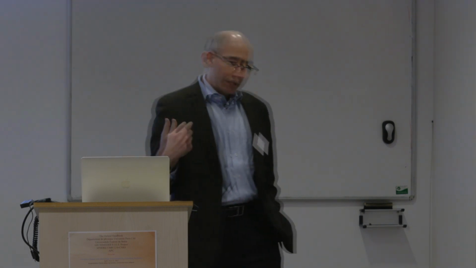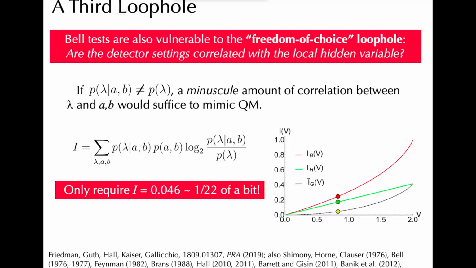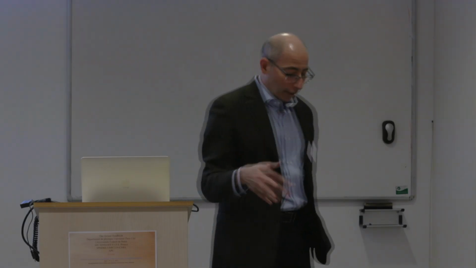It turns out, in more recent theoretical work since the early 2010s, that if one allows for the possibility of some statistical correlations between the properties of those particles produced and the choice of measurements to perform, then in fact Bell's inequality is most vulnerable to this form of locally causal, let's say, cheating or workaround.